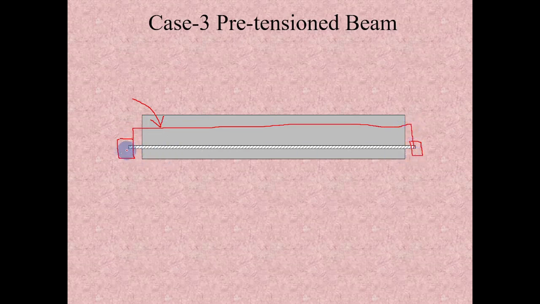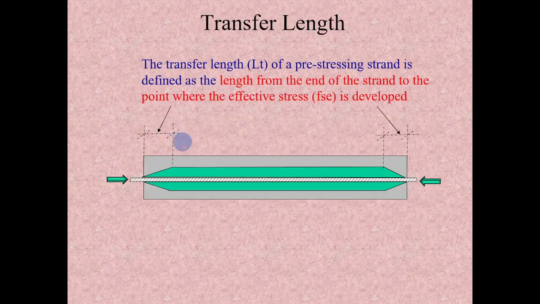Once the jack is released, the stress in the tendon becomes zero at this particular point. After that, since the bond is developed between this tendon and surrounding concrete, it will start giving resistance. The resistance keeps on adding, so it will reach a certain length to reach the effective stress. The length from the end of the strand to the point where the effective stress is developed is called the transfer length.